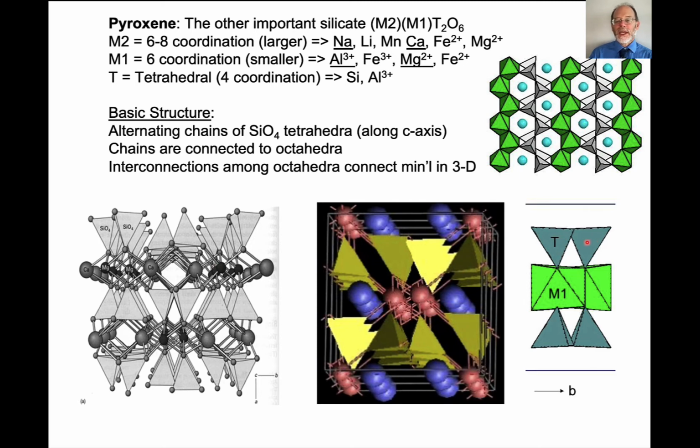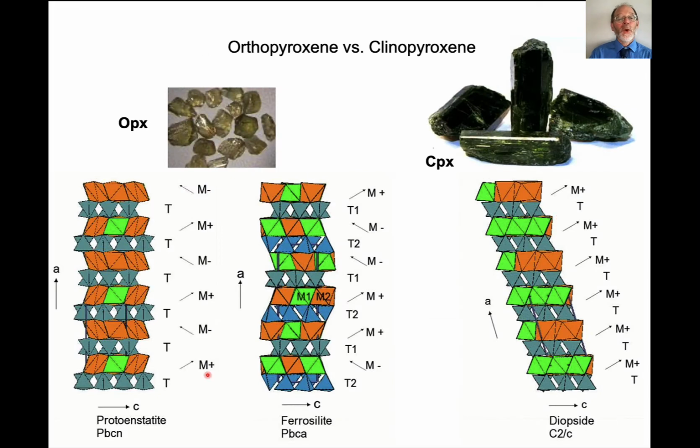So now we're looking at the back and forth chain of the silica tetrahedra, another back and forth chain of the silica tetrahedra with octahedral chains zigzagging back and forth. This kind of structure is what's called an I-beam. The way that the octahedral chains point defines what kind of pyroxene you have.